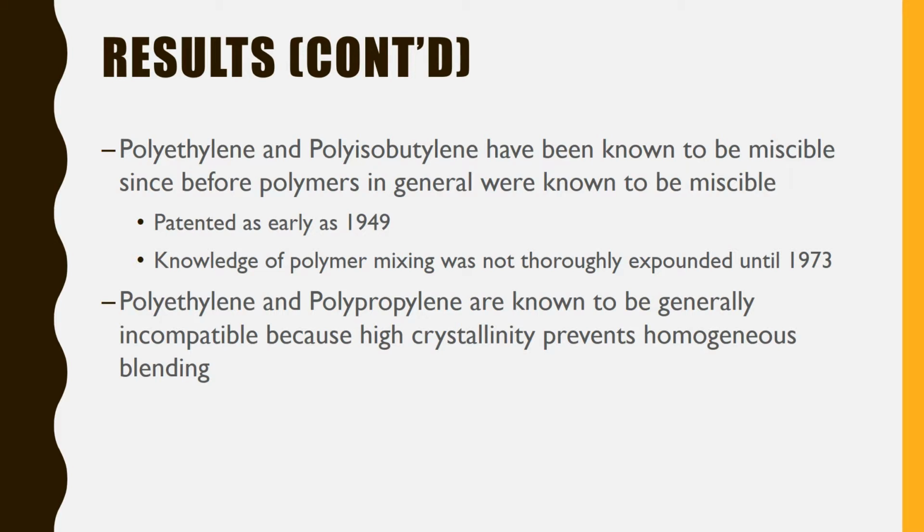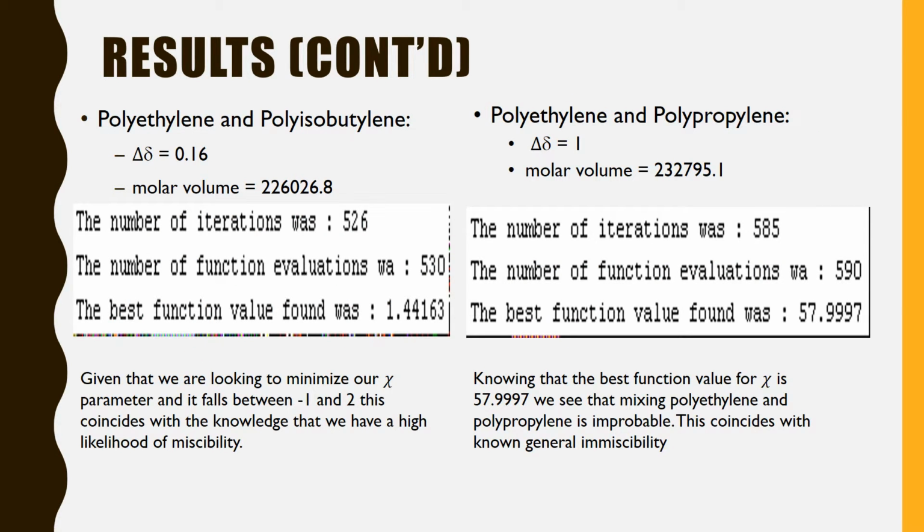We had polyethylene and polyisobutylene, which have been known to be miscible for over half a century, as well as polyethylene and polypropylene, which are known to generally be incompatible because of high crystallinity that prevents homogeneity. Our results show that polyethylene and polyisobutylene gave us a best function value of 1.44, well within our constraint, while polyethylene and polypropylene gave us a function value of 58, well outside of our constraint, coinciding with known general miscibility.